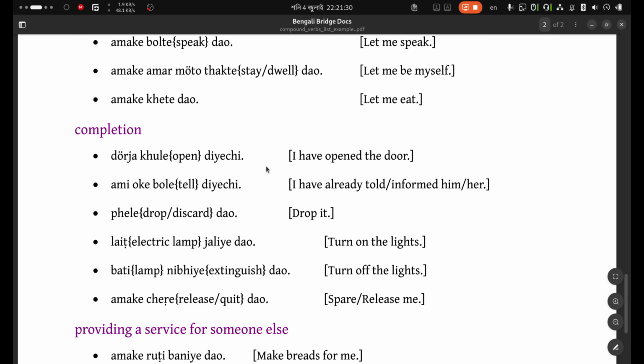It can mean various things related to completion. And these are the types of verbs that you would like to memorize. You cannot come up with them by yourself.